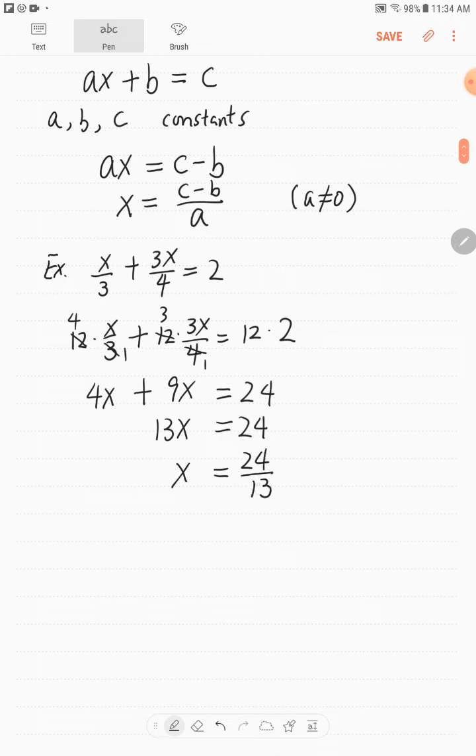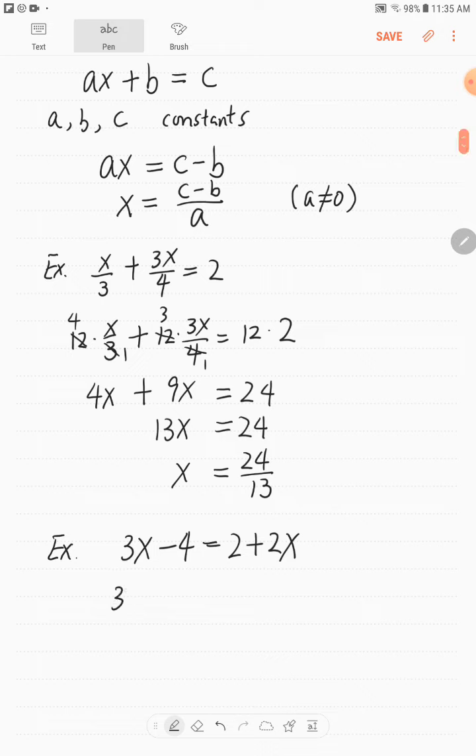So this is a very simple linear equation, right? Now if you have 3x minus 4 equals 2 plus 2x, what should we do? We need to remember we need to keep the variable x on one side of the equation. So for example, we always want to put all the x terms on the left side, so we subtract 2x on both sides.